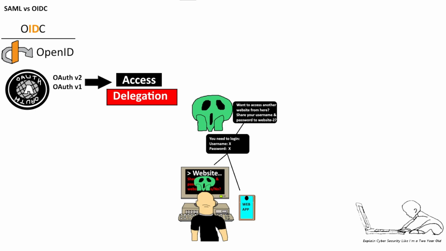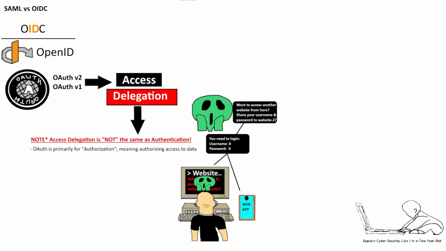And this was through the concept known as access delegation, and this is not the same as authentication. Now let's expand further on that point. You see, OAuth is primarily for authorization, meaning authorizing access to data, and this is not the same as authentication, e.g. confirming who a user is by logging in using a username and password, for example.